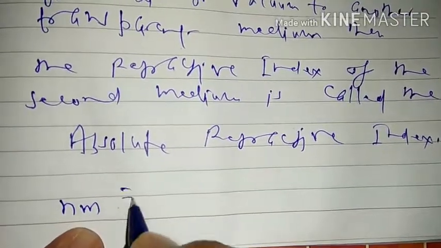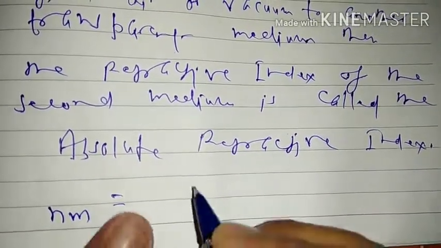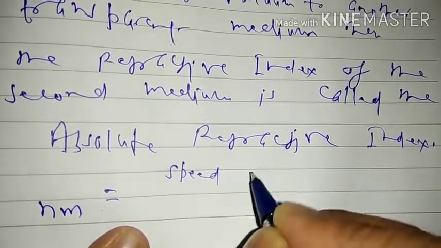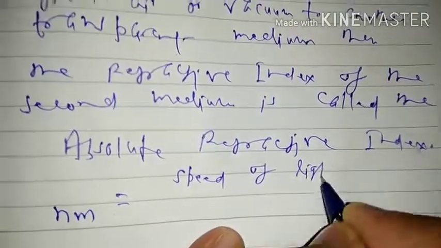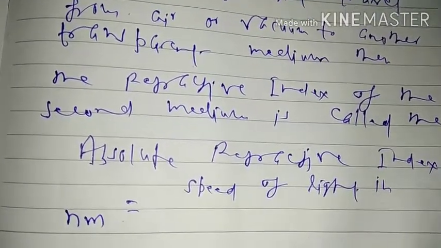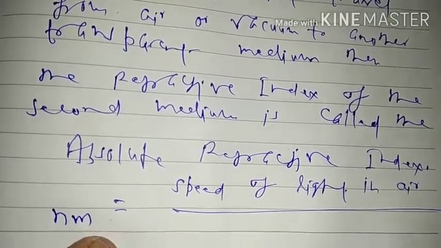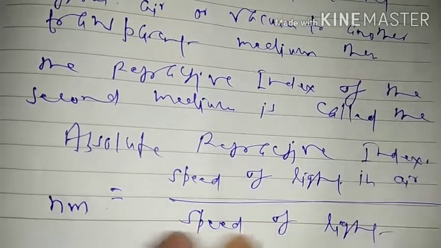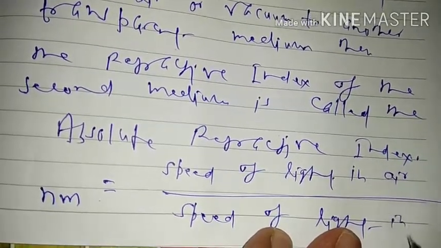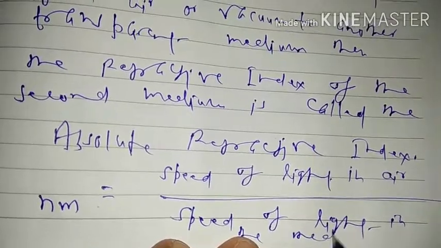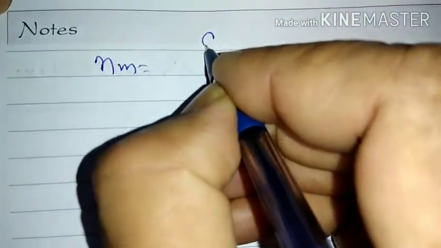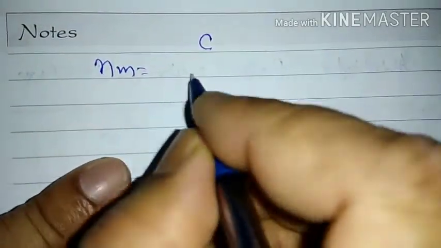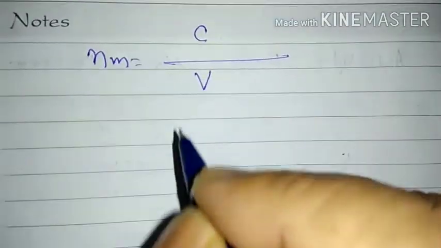So it is equal to the speed of light in air or vacuum divided by the speed of light in the medium. In symbols, we can write that the absolute refractive index is equal to the speed of light in air, C, divided by V.